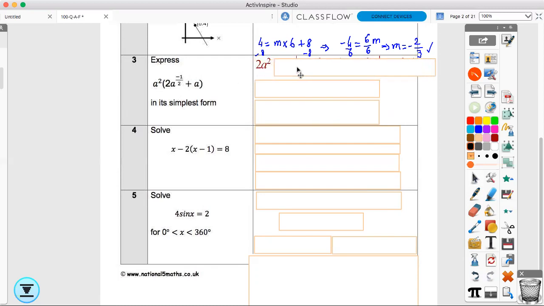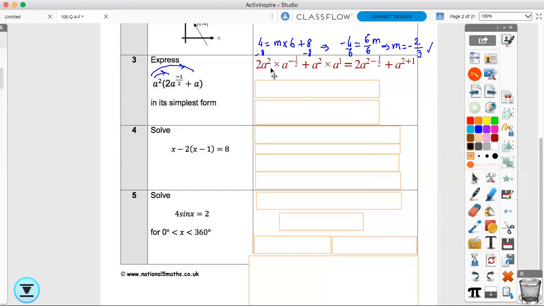So you could just rewrite that as 2a squared times a to the -1/2, plus a squared times a, or a to the power 1. It's the same thing. So what I've done is I've just multiplied this a squared here with that first component, and as well a squared times a. That's what I've just written there.